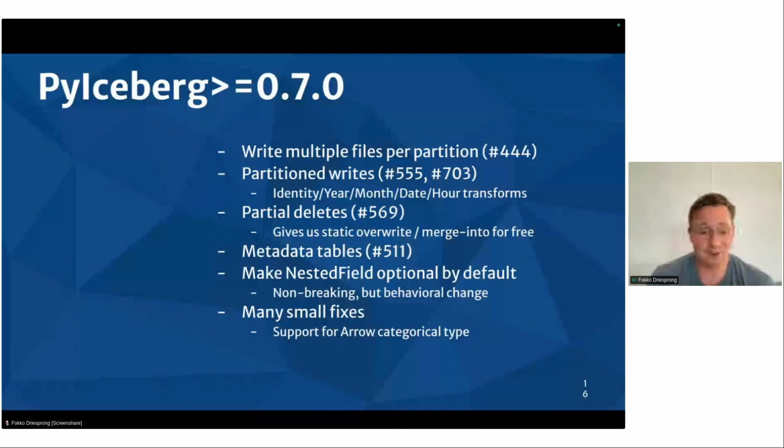One big thing is we made the nested field optional by default. It was actually required by default, and that was quite awkward. If you create a table from data in memory, for example, in Arrow from a Python dict, it will make everything optional, while it could have checked that there are no optional fields in there.